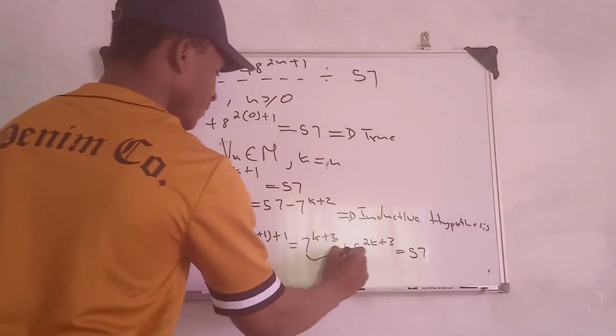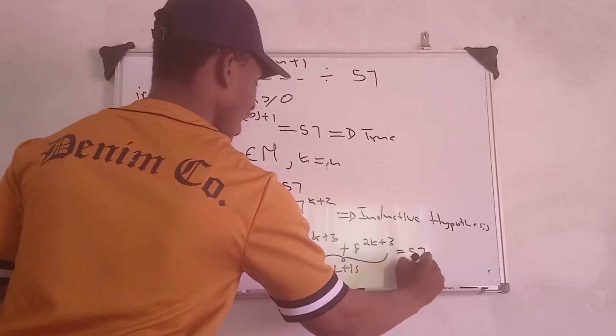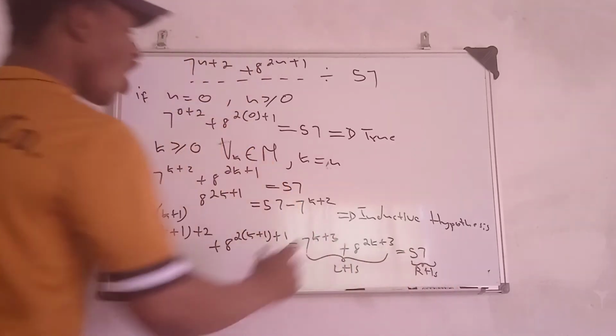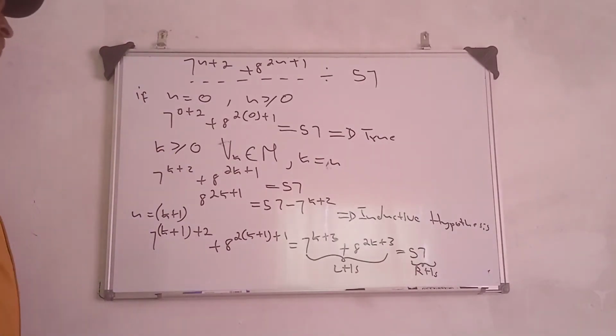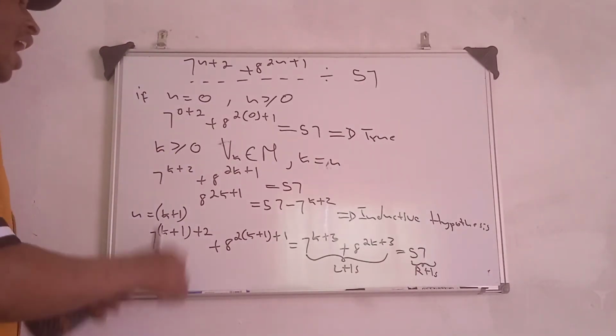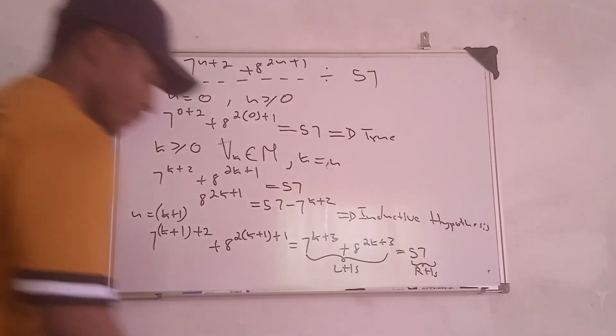And this is our LHS, and this is our RHS. So how can we prove that this statement is actually divisible by 57? We have to use our inductive hypothesis. Always, always, always.